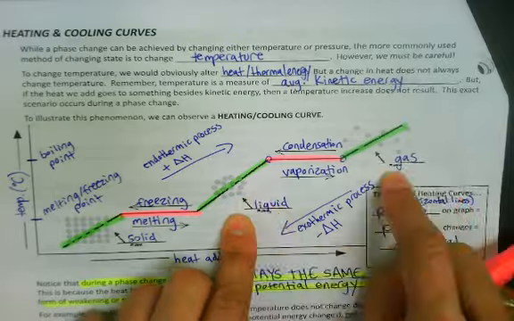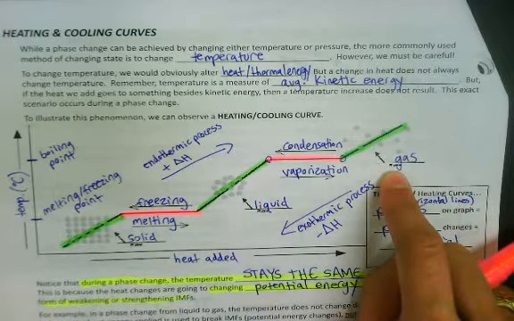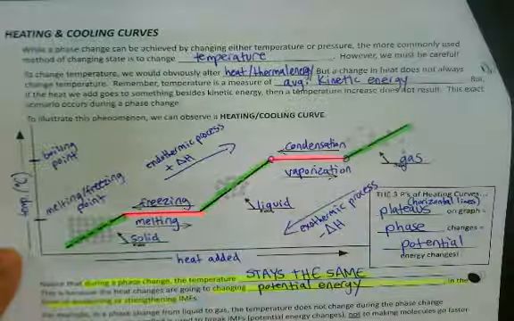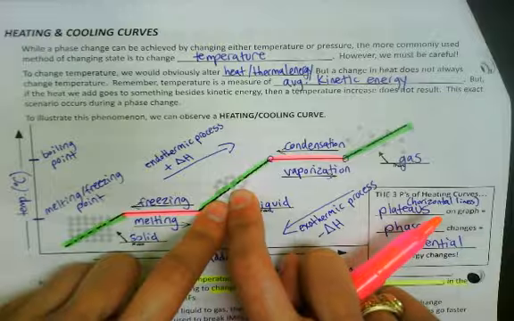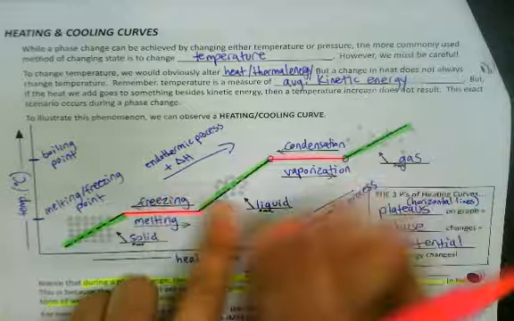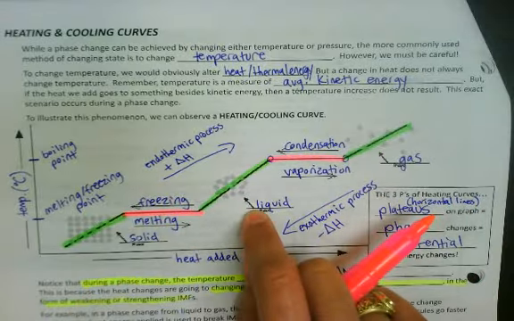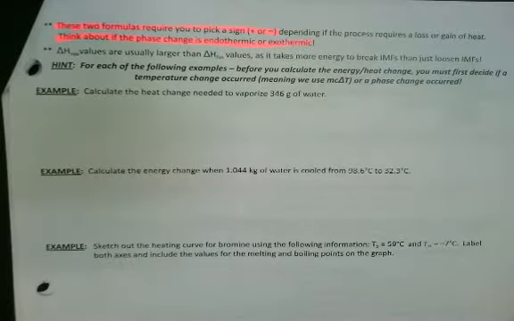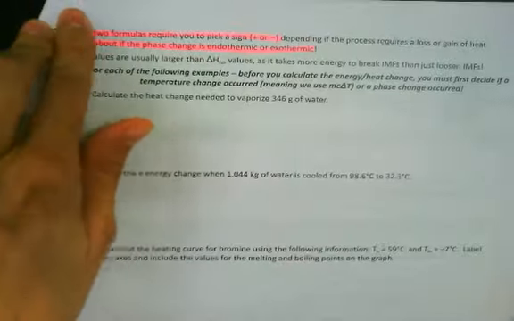If you can remember just that little bit, that should help you remember that this is an endothermic process going up this heating curve. Because if you have to put in energy to break some IMFs, putting in energy is the definition of an endothermic process. So just be cognizant of the fact that you're going to have to look at the endo versus exothermic nature of that phase change.